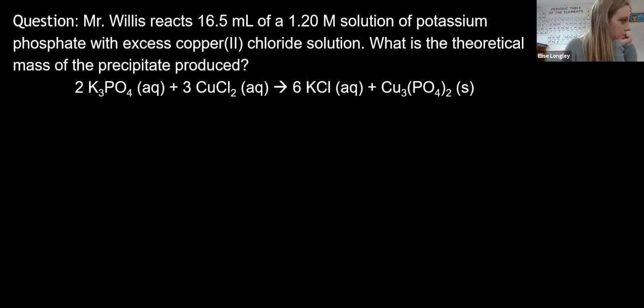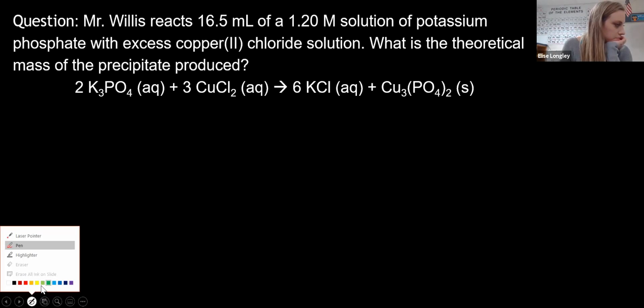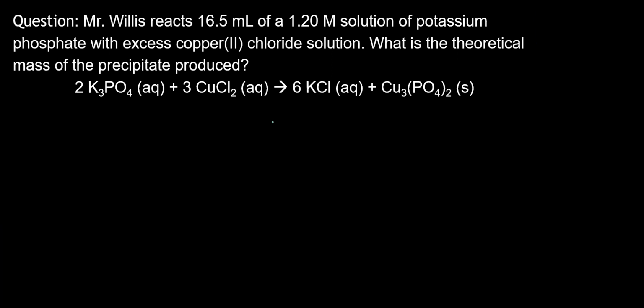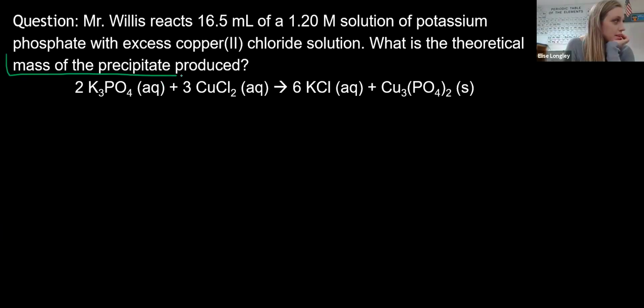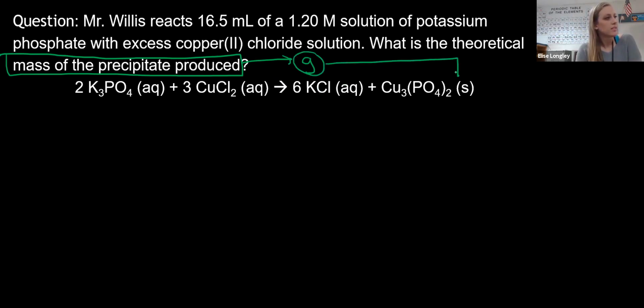Sia, what is it asking us for? Is it asking us for the mass of the products? The mass of the precipitate produced, right? So mass tells me it's what unit? Grams. And then what is precipitate? The solid that's formed after the reaction. Good.